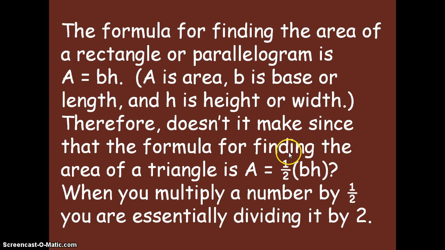I've seen other people write the formula as area equals base times height, then a fraction bar with a 2 as the denominator, to show that base times height is divided by 2. Because when you multiply by half, you're essentially dividing the product of the base and the height by 2.